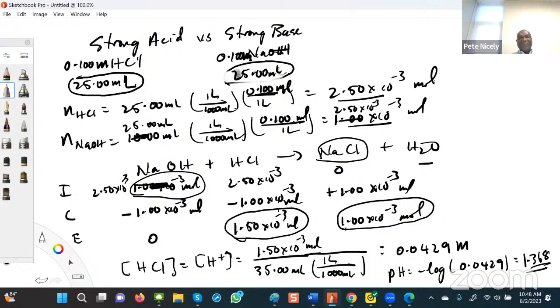So what does that mean down here? It means that both the sodium hydroxide and the hydrochloric acid would be equal in terms of the moles.